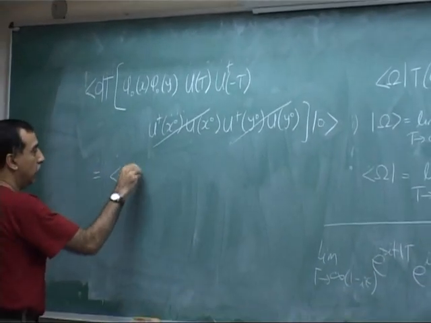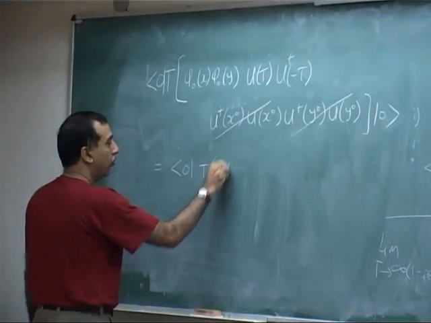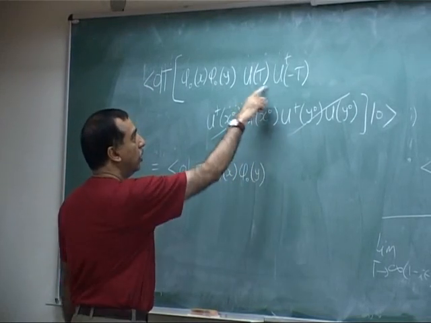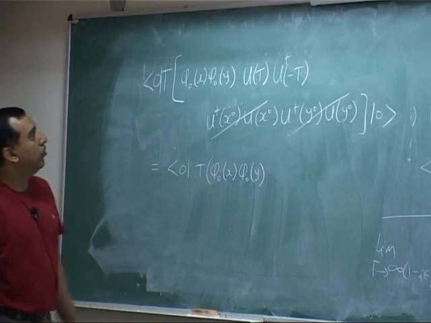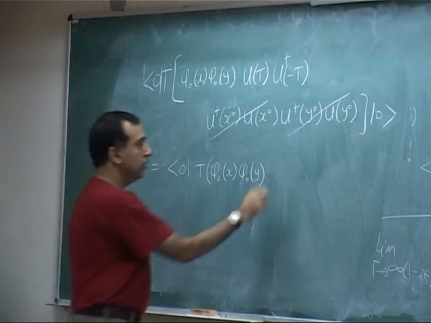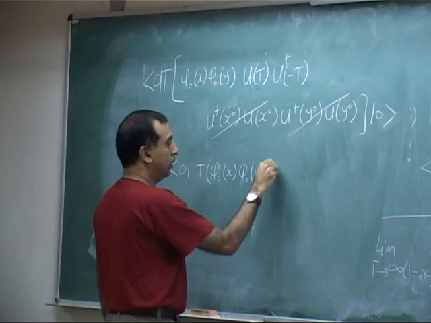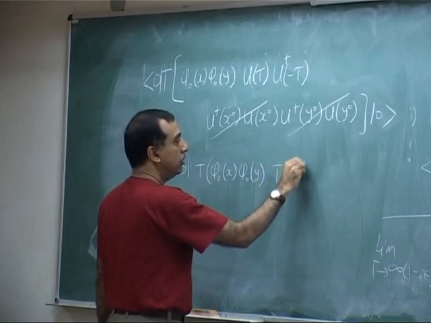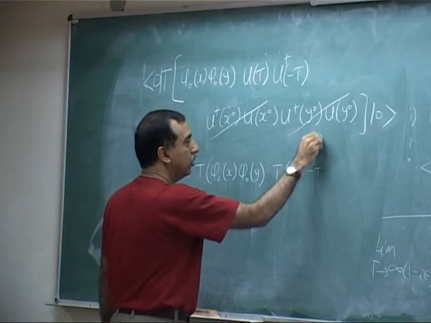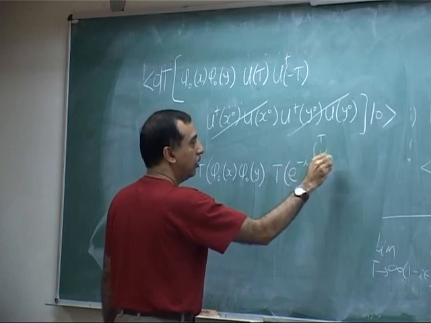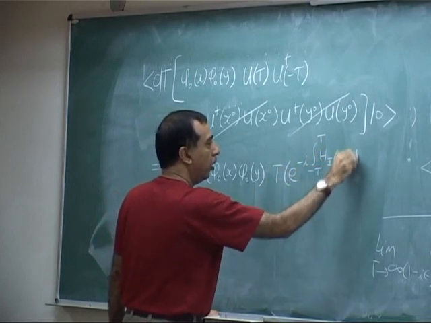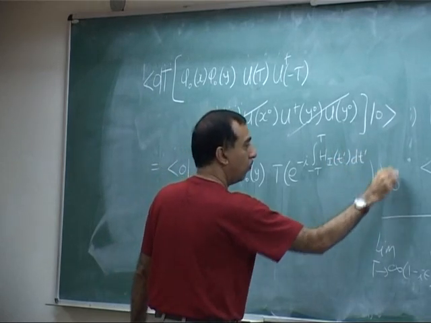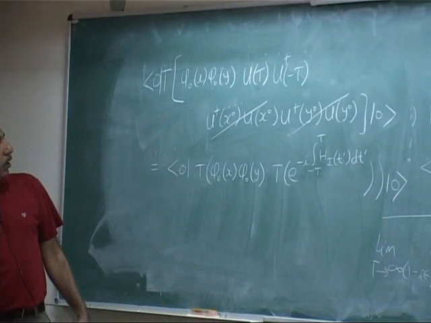Okay? So I can collect this and write it as 0 t of phi naught x phi naught y. Now again I can use the formula for u of t, u dagger of minus t, and it is time ordered e to the minus i integral from minus t to t of the interaction Hamiltonian at t prime, dt prime, 0.